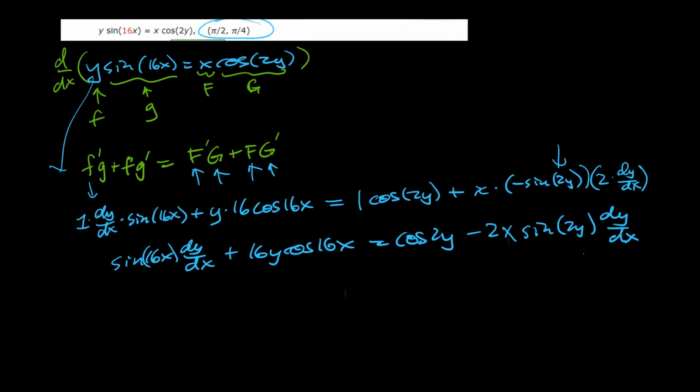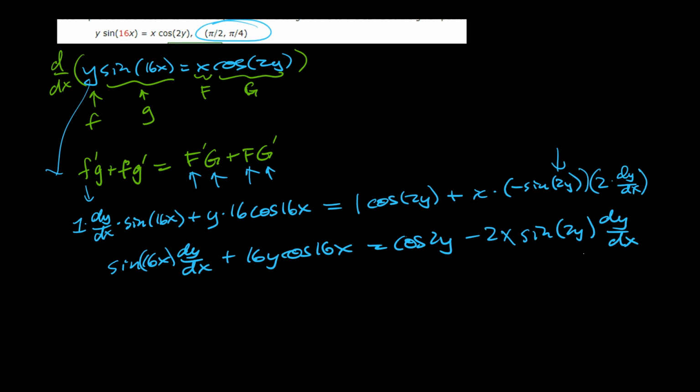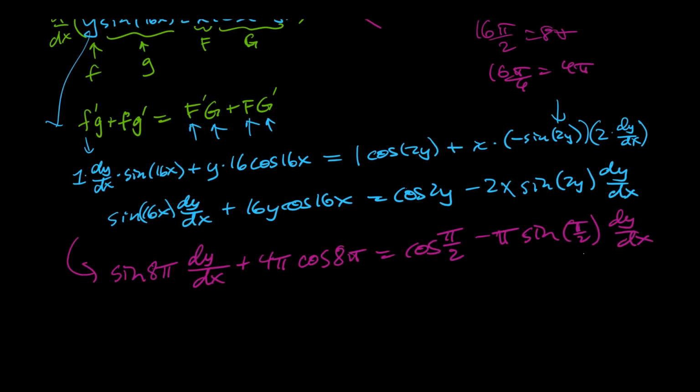Now what we can do is get dy/dx by itself and then plug in the point. But it's easier if you just go ahead and plug these in right now. I'll show you. Sine of 8 pi is 0, so this whole thing is 0.